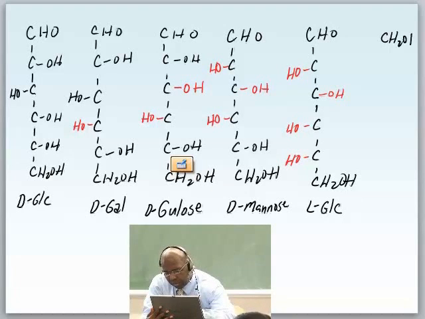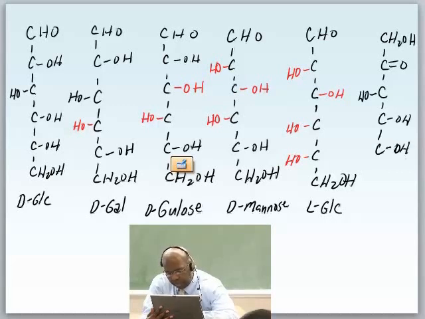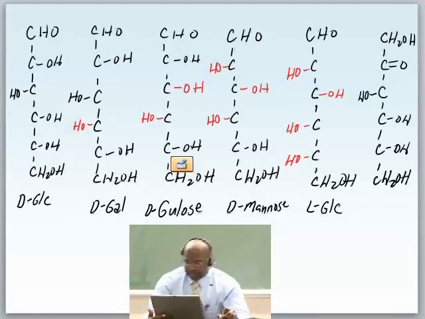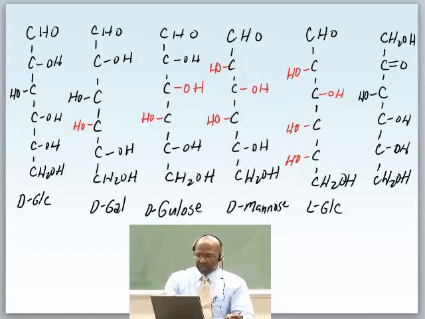So CH2OH, C double bond O, 4, 5, and 6. Okay? Now, on this molecule, the carbonyl carbon is on carbon 2 and not carbon 1.